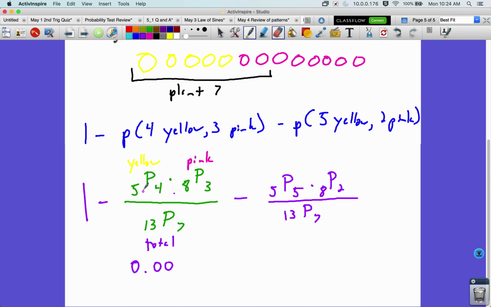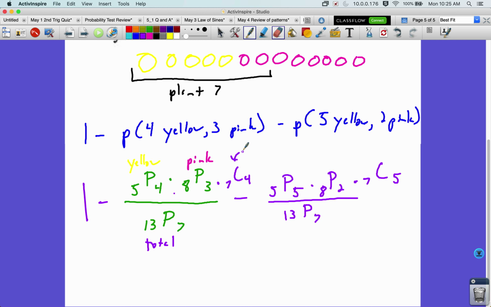Oh yeah, I'm missing. So that would be one arrangement. I'm missing all of the other arrangements. I'm planting 7, so a 7 choose 4, for which 4 are going to be the yellows. And this one needs a 7 choose 5, for which ones are going to be the yellows.